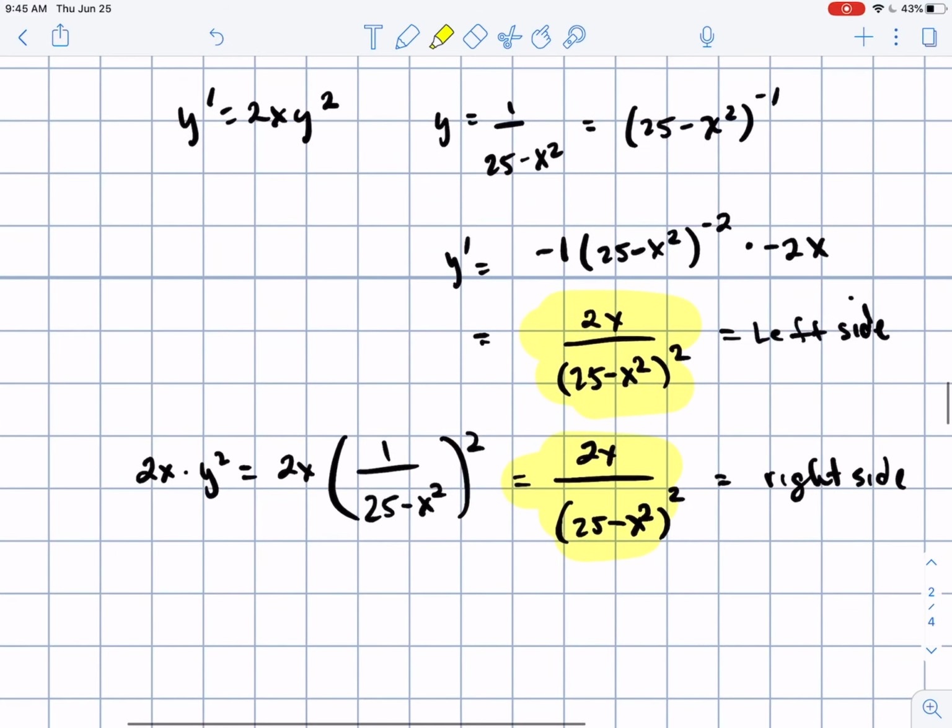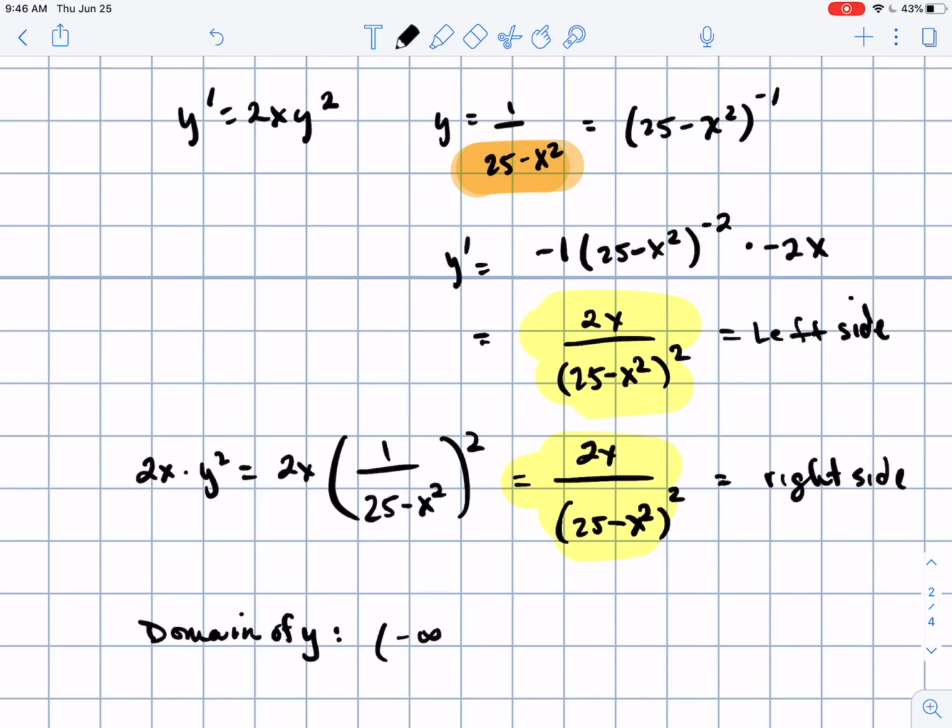When you see a function like this, think about your domain of this function. So to see what intervals you could come up with here, you're really just looking for the domain of our function y, which would be everything but 5 and -5.